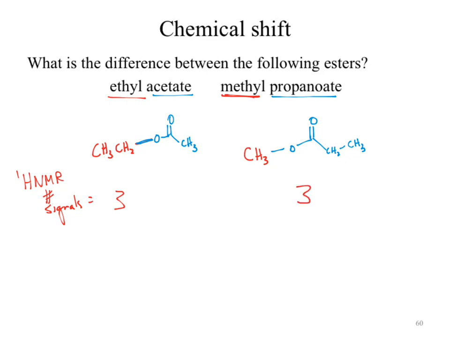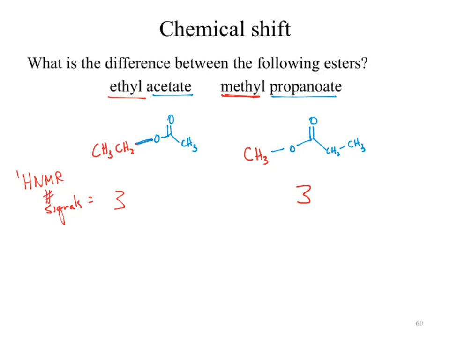So the number of signals is not different here. And in fact, if we go all the way through all of our possible connections, there is only one place where a difference appears. That one place where the difference appears is the... No, splitting will actually come out the same too. There is no fingerprint because this is HNMR.